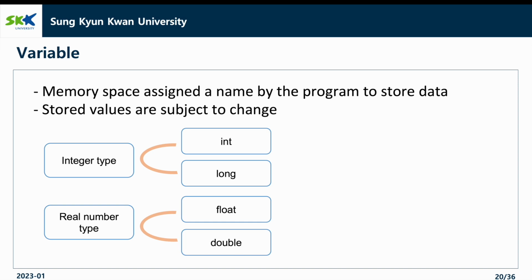Variables associated with numeric representations in C language can be divided into integer variables and real variables. Again, integer variables can be divided into char, int, and long variables, and real variables can be divided into float and double variables.